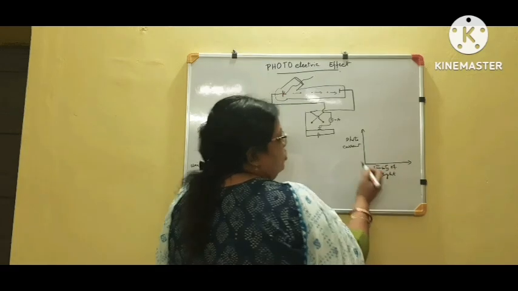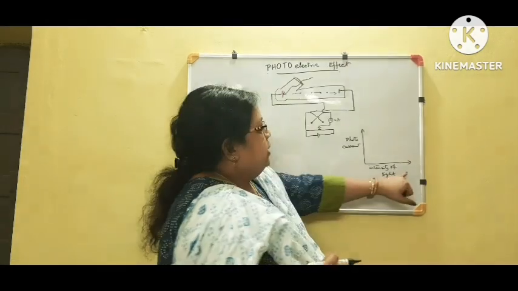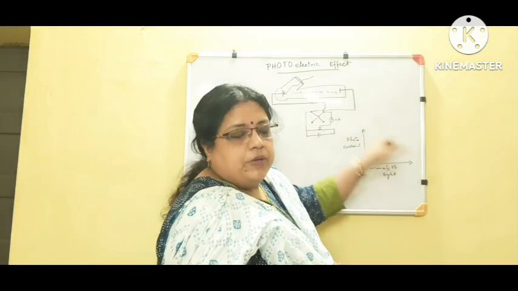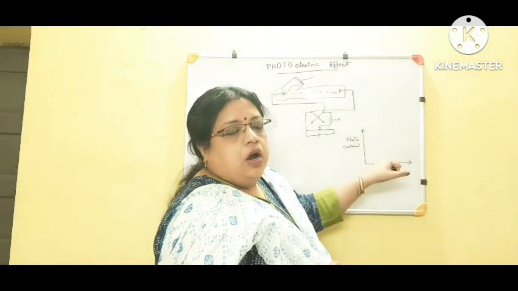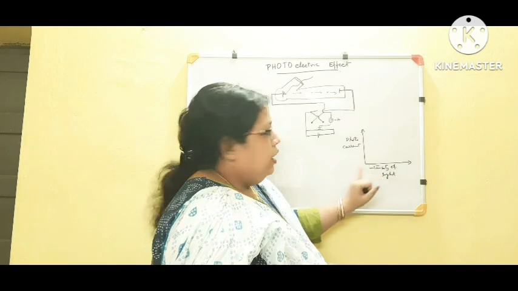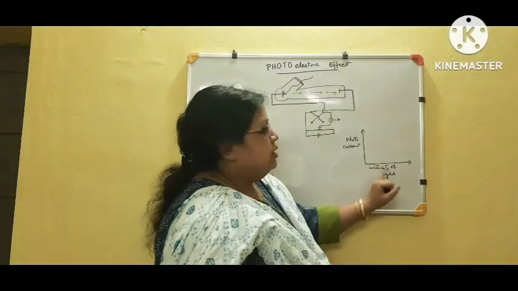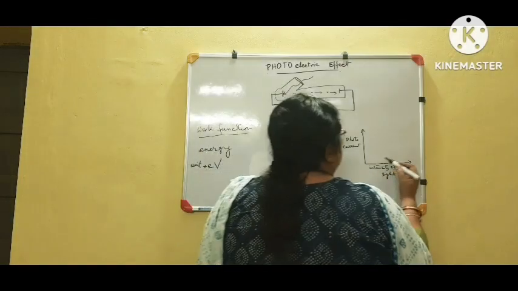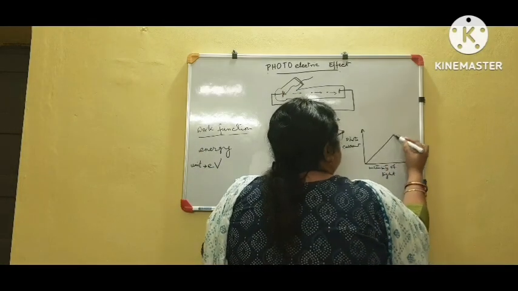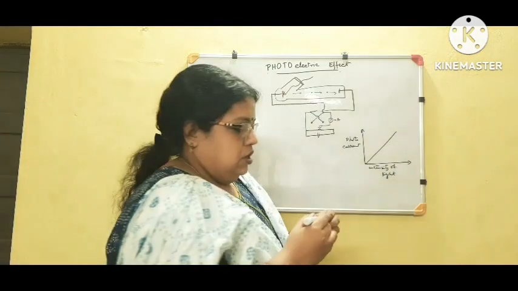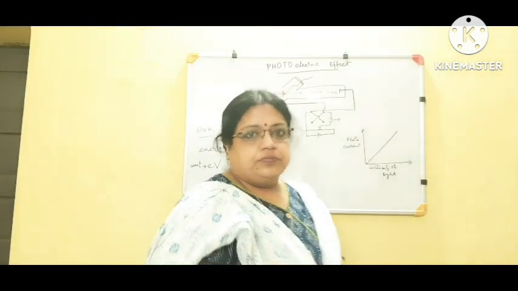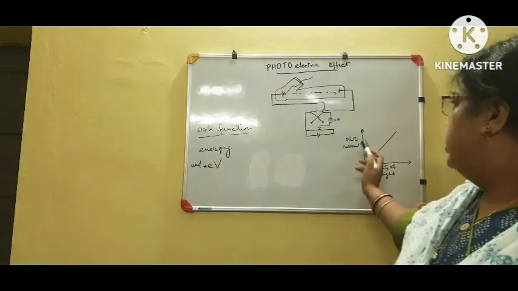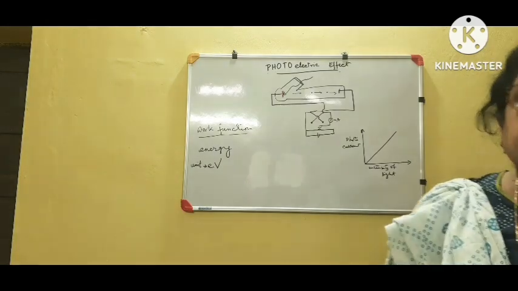As you know, when we plot a graph, the X parameter is independent and the Y parameter is dependent, a function of X. If we go on increasing the intensity of light, we find that the photocurrent also increases linearly. So this is the graphical representation of photocurrent versus intensity of light.